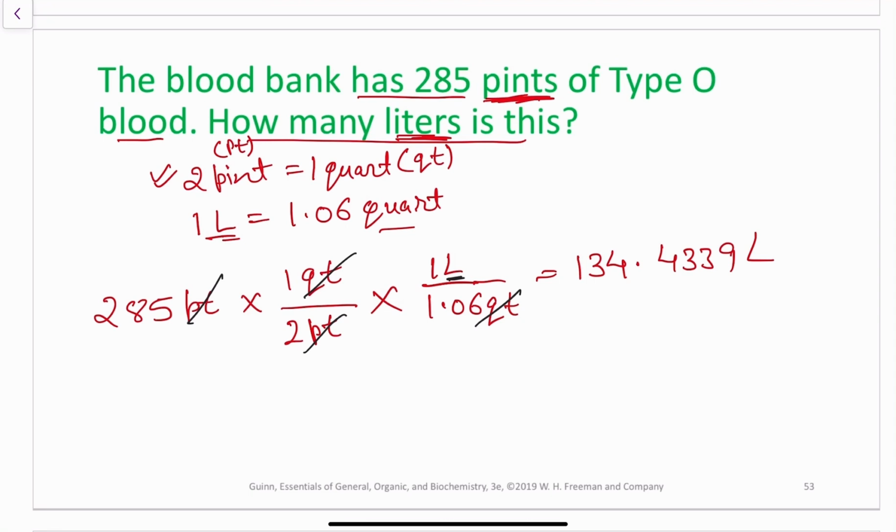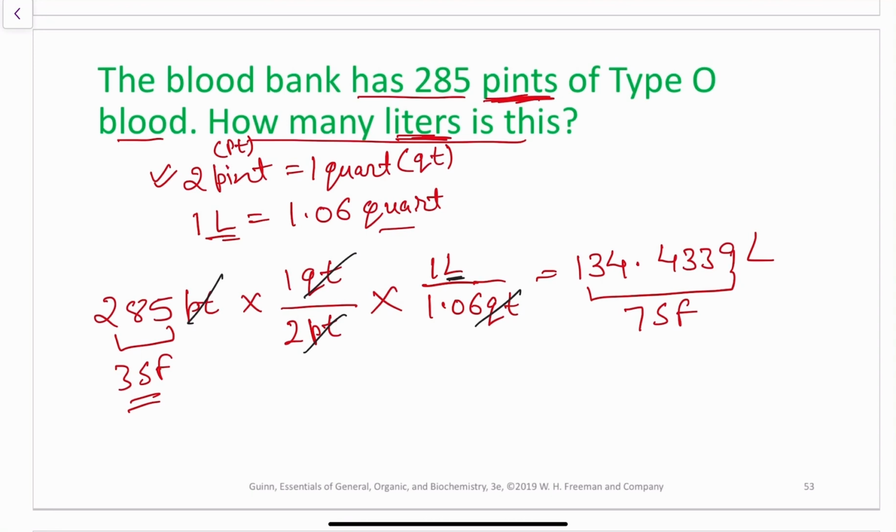We just need 3 significant figures, right? But how many significant figures do you have in here? 1 2 3 4 5 6 7 significant numbers, right? Which is not right. So how to convert this number into the right 3 significant figures?